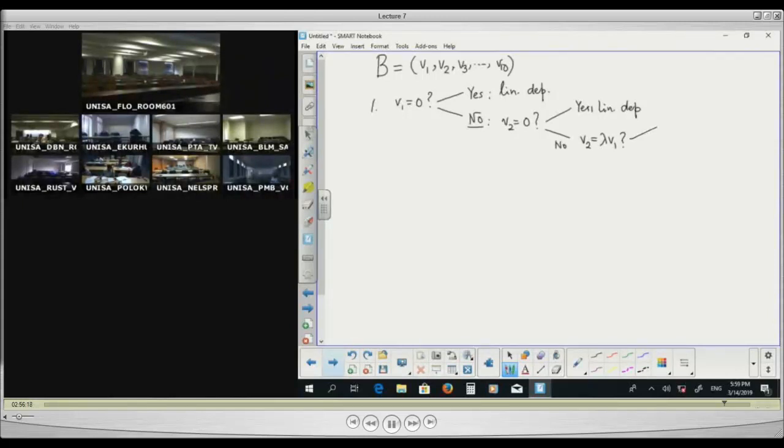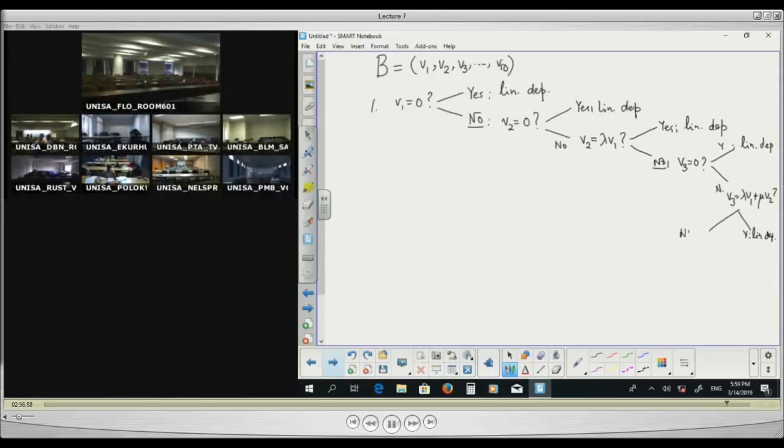No, well, then I ask whether V3 is lambda times V1 plus mu times V2. Yes, linearly dependent. No, go to V4 and so on. So, you carry on and on and on. If at some stage it becomes yes, so the answer is linearly dependent.